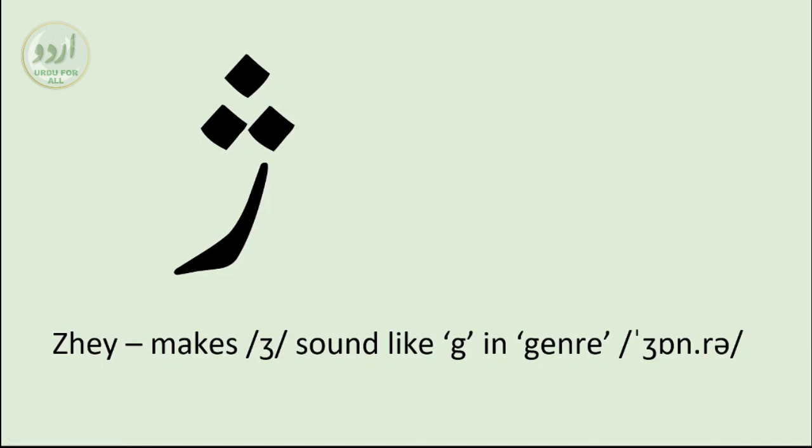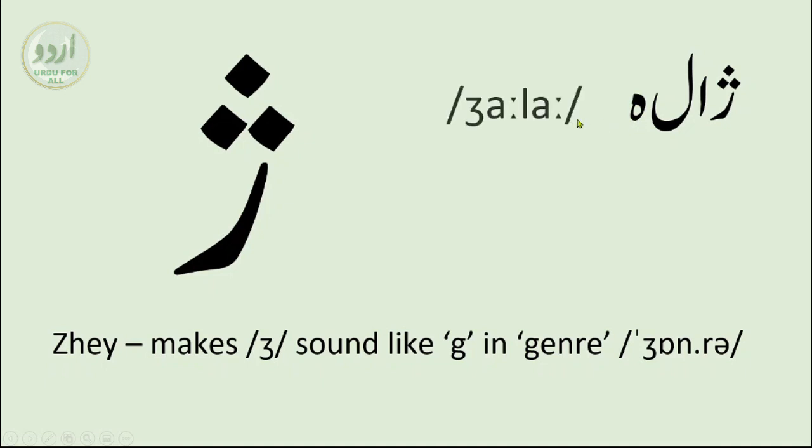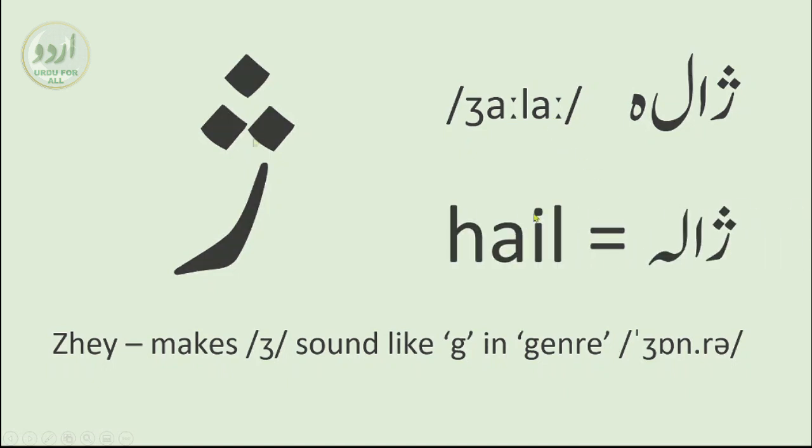For example, in the English word genre, G gives zh sound. Let's do a word. Je, a, le, and gol hai. So here gol hai giving you a sound. So it says jala. And jala means hail.